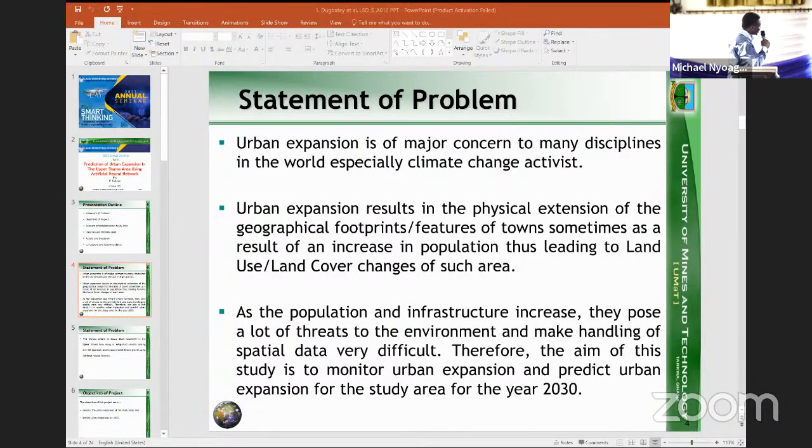As the population and infrastructure increases, this poses threats to the environment and also makes handling geospatial data very cumbersome.